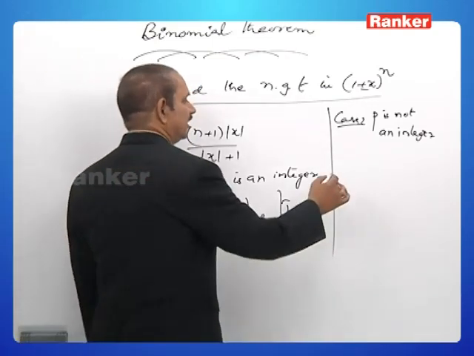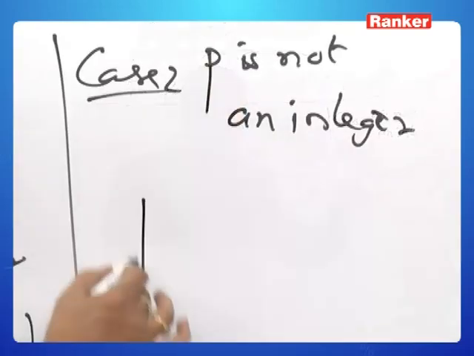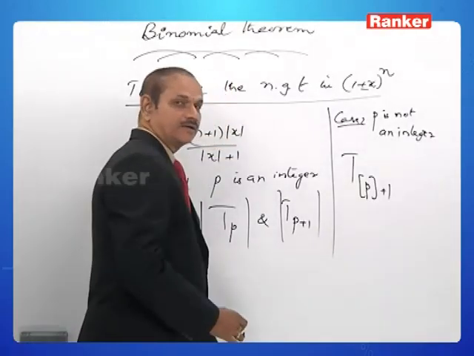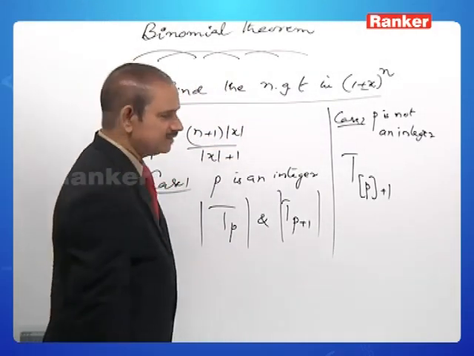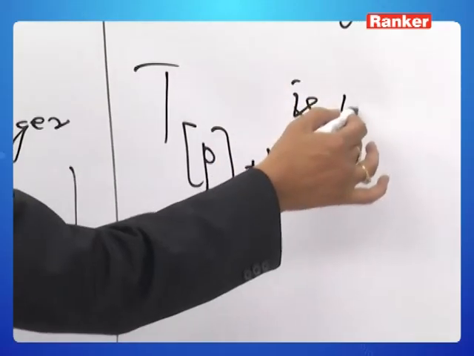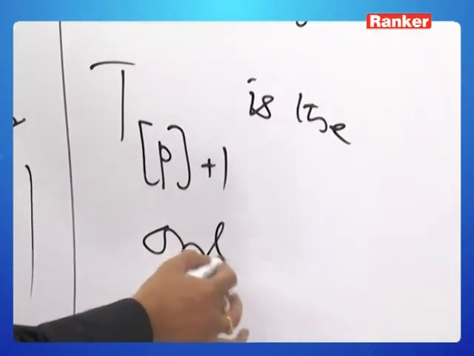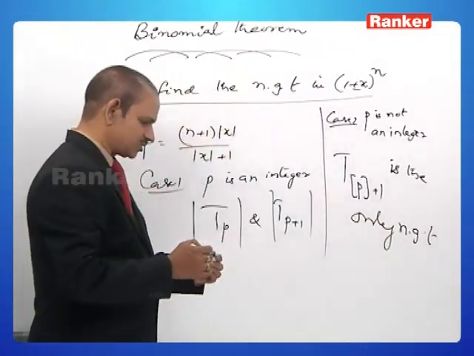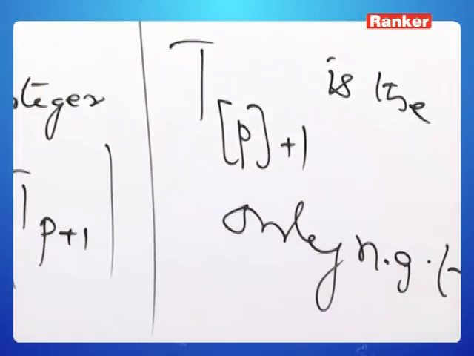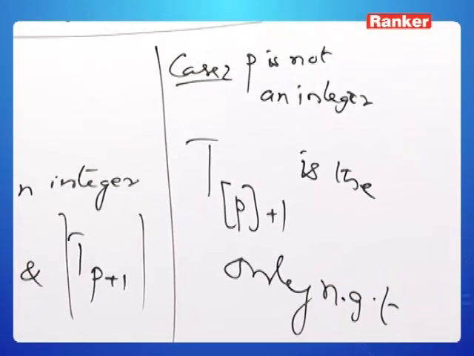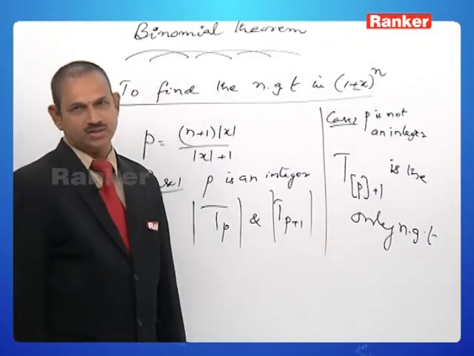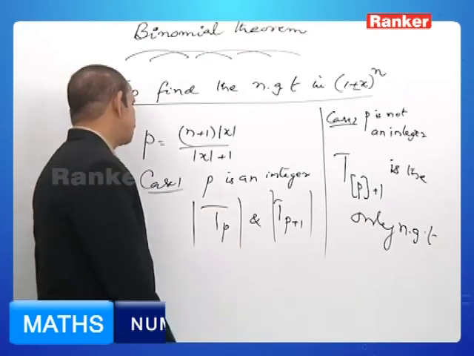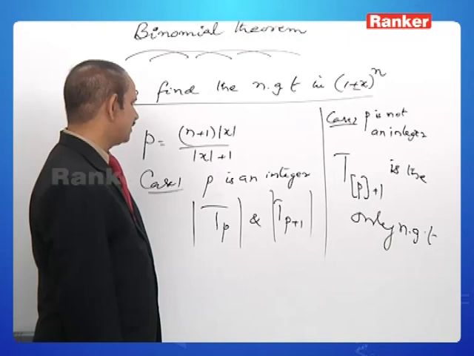In this case, there is only one numerically greatest term, namely T of (integral part of p plus 1), which is the only NGT. What do you mean by NGT? Numerically greatest term. So first of all, to find the numerically greatest term, you must be able to find the value of p. What is p? (n plus 1) into mod x by (mod x plus 1).